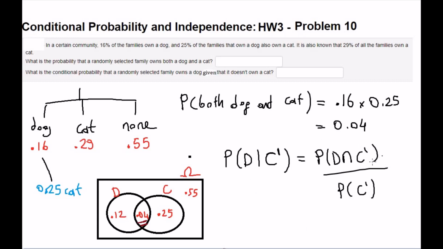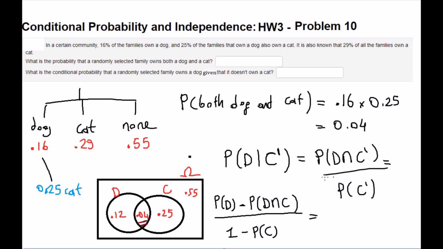And if we expand this formula, probability of D intersection C naught means probability of D minus probability of D and C. So this numerator is equal to this numerator, and probability of C naught is 1 minus probability of C by the complement.